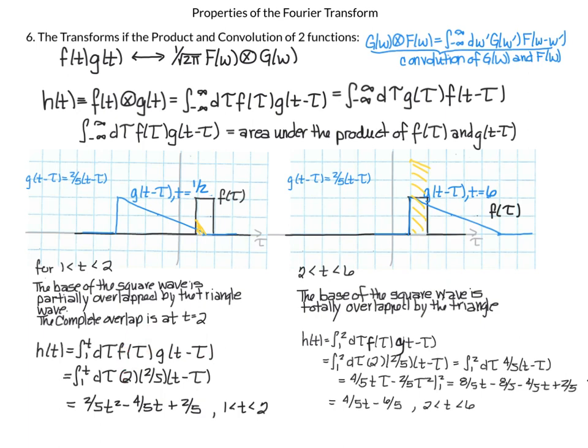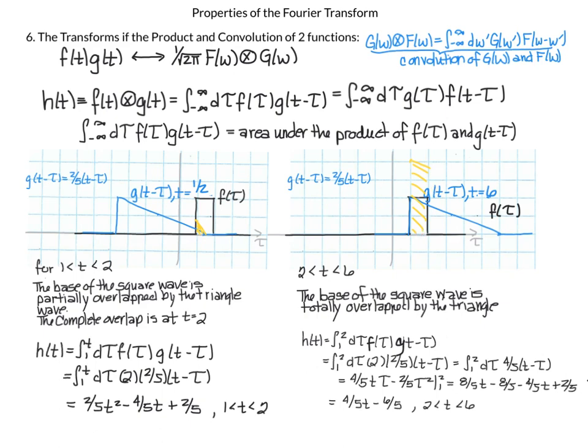f of tau is 2, g of t minus tau is the line 2/5 (t minus tau), and we get our function for h of t. When t is between 2 and 6, we have a different function. We're going to integrate along the entire base, because at this point the entire base of the square overlaps with non-zero values of g of t minus tau.